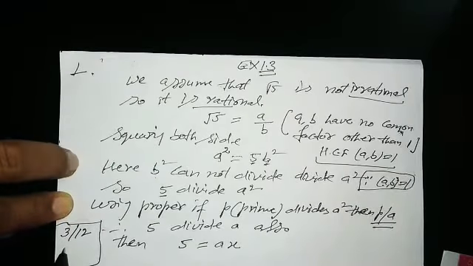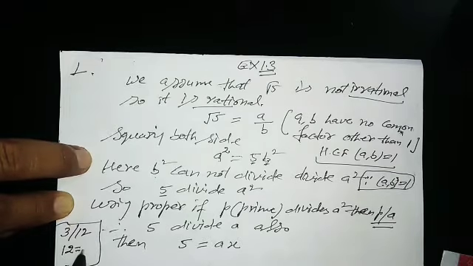This 12 can be written as 3 multiply something. What is something? Something is 4.